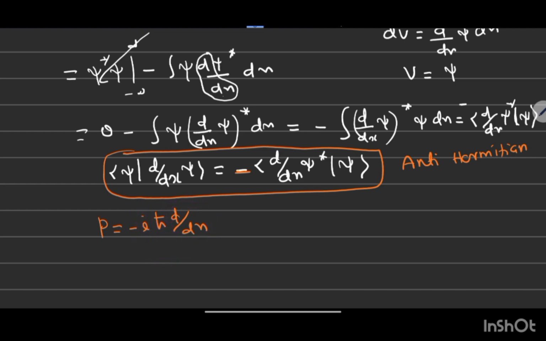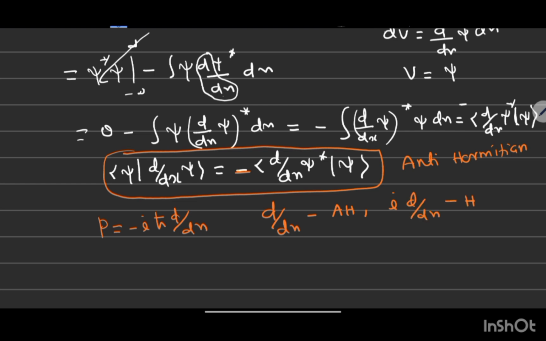So this combination i times d by dx would be a Hermitian operator, but d by dx is anti-Hermitian, whereas i times d by dx is a Hermitian operator.